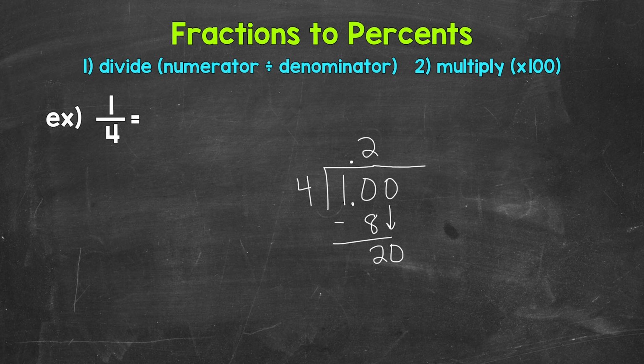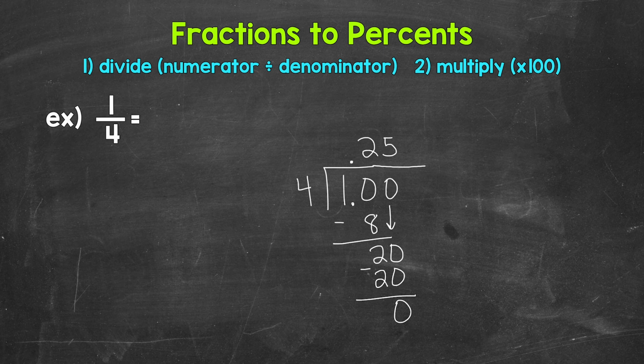And now we have 20 divided by 4, which gives us 5. So we put 5 up here, multiply. 5 times 4 is 20. Subtract. 20 minus 20 is 0. So now we have that clean-cut 0 at the bottom and nothing else to bring down within our problem. So we are done. 1/4 equals 25 hundredths.